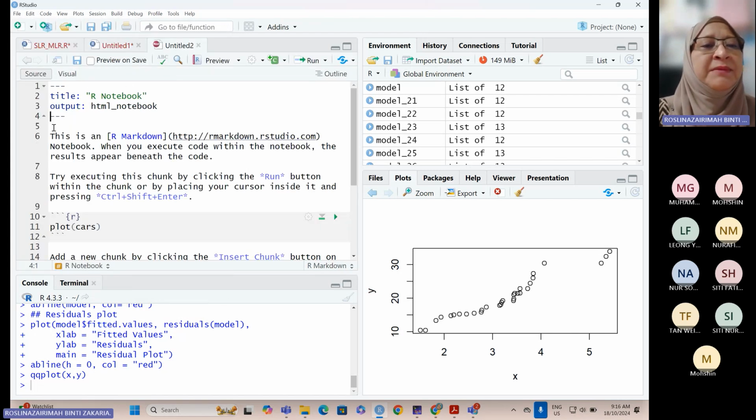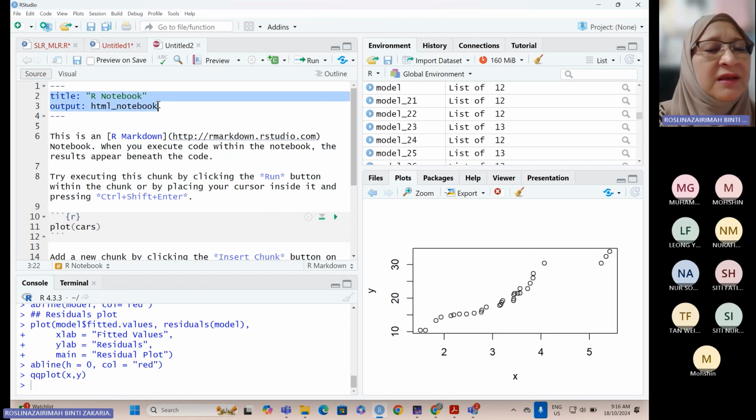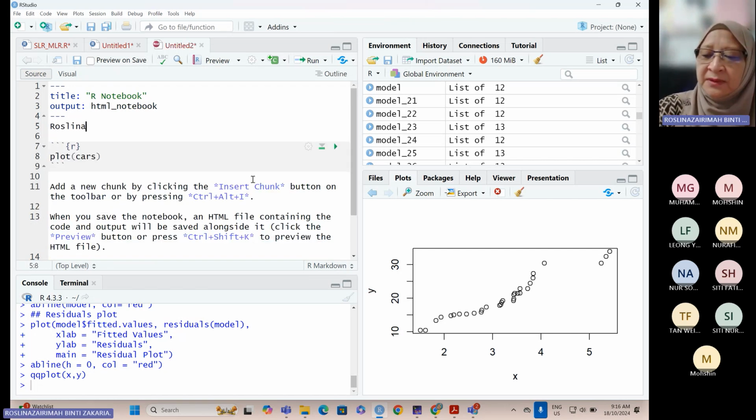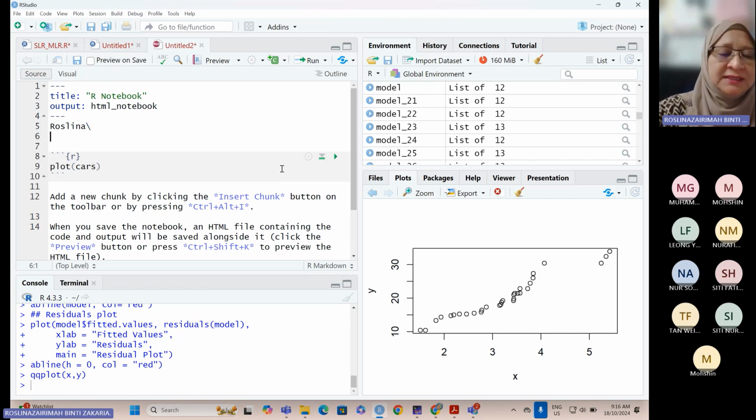Remember I said this part, don't touch, line 2 and 3 do not touch. You can just write your name here, let's say Roslina, and then put a backslash to go to the next line. Let's say my ID, let's say ST 24007.